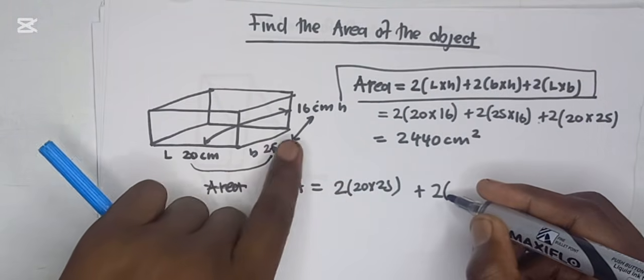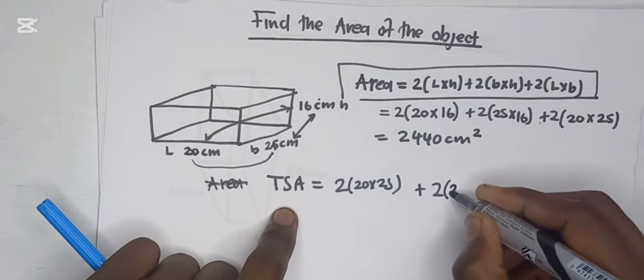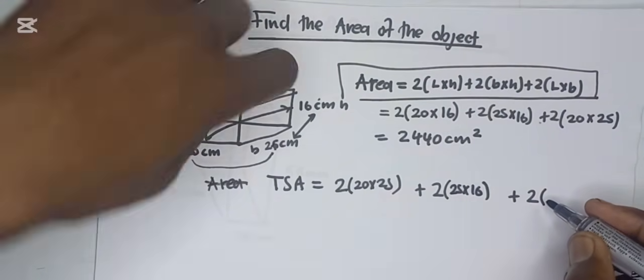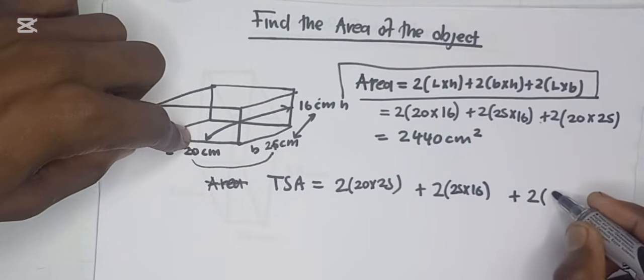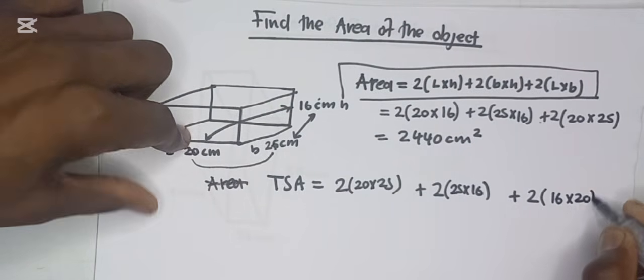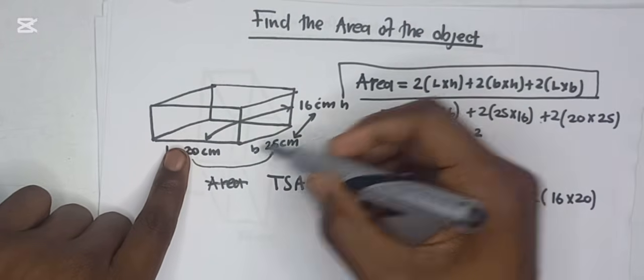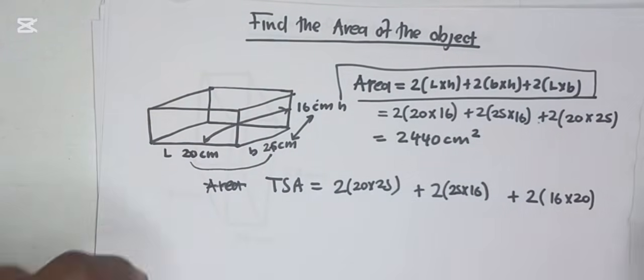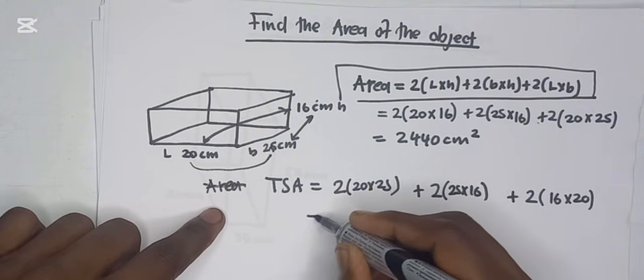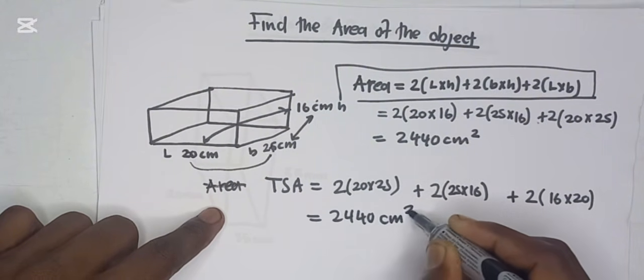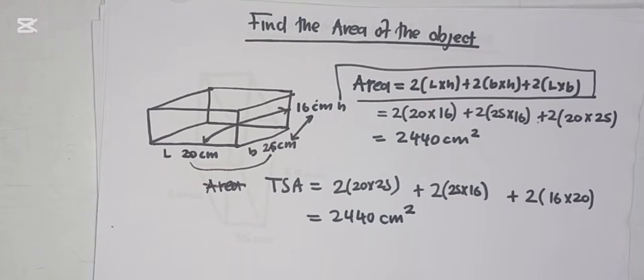Then you take this 25 and multiply by 16, so it's 25 multiplied by 16, and you take the last one, 16 multiplied by 20. The main goal is to make sure that each and every side multiplies the others, and at the end of the day, you're still going to get the same answer, which is in centimeter squared.